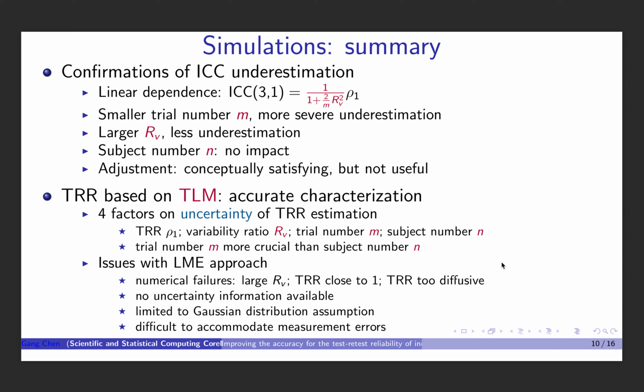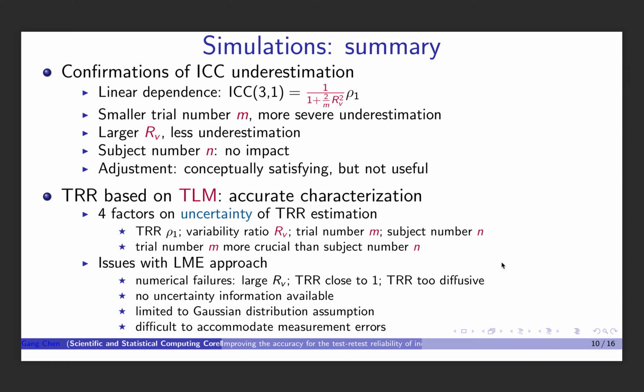In addition to confirming the ICC underestimation, we also gain some insights about test-retest reliability based on the hierarchical modeling framework. That's because we're not just getting the estimate of the reliability, we also need to check the uncertainty, which is the distribution or the standard error of the reliability.